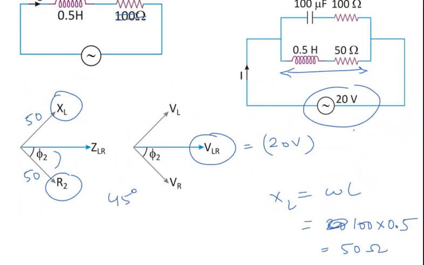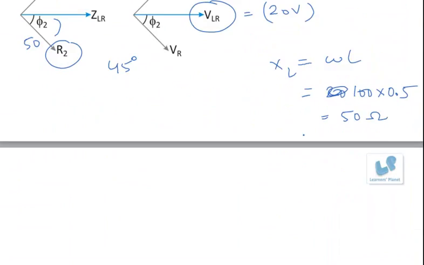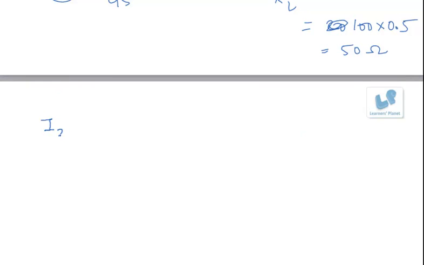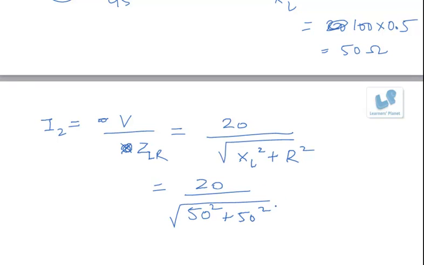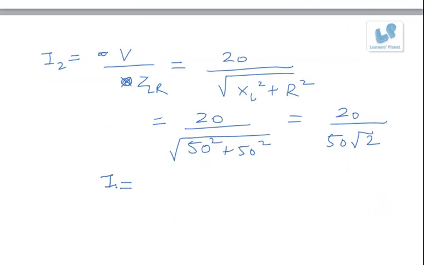Similarly in the LR circuit, the value of I2 will be given by applied voltage V upon impedance Z LR, which is 20 upon under root of XL square plus R square, which is 20 upon under root of 50 square plus 50 square, which is 20 upon 50 root 2, which in turn will give the value of 2 by 5 root 2.